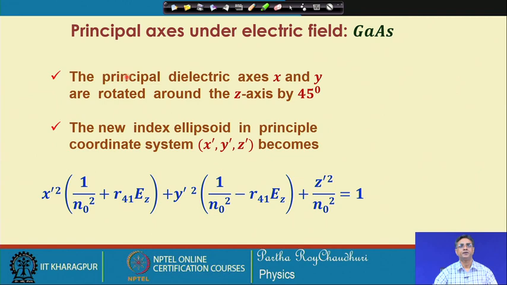So, the principal dielectric axes x and y are rotated around the z axis by 45 degree, and by doing that, as we have seen through an example in the previous discussion, it can be represented by this equation, giving an Euler angle rotation.